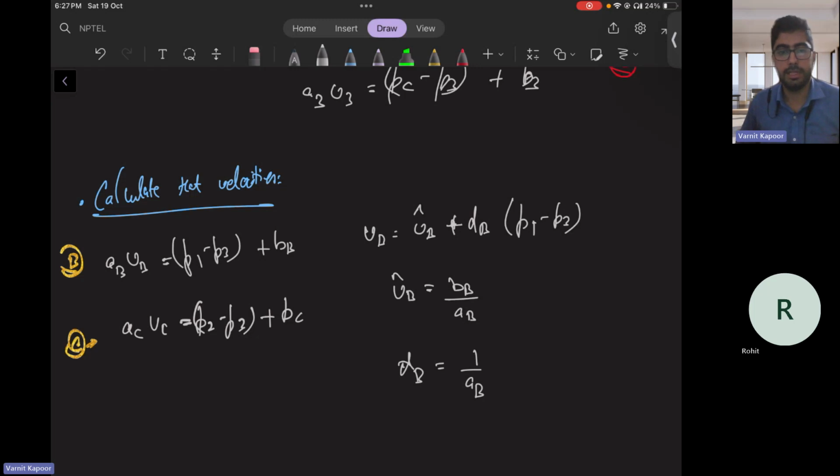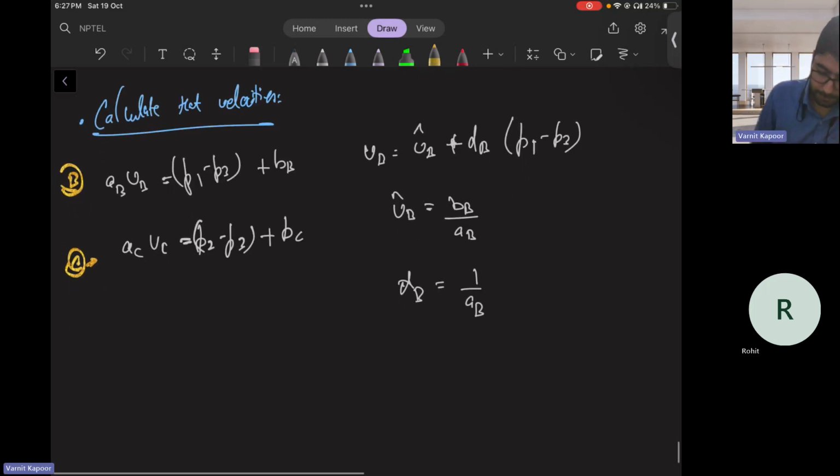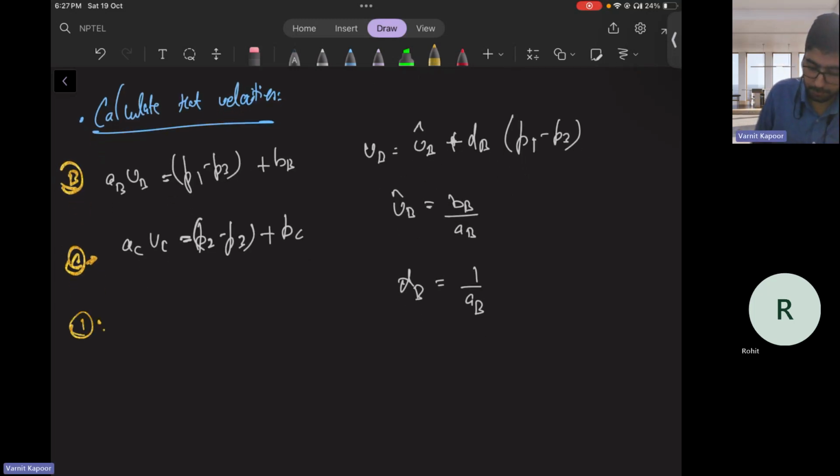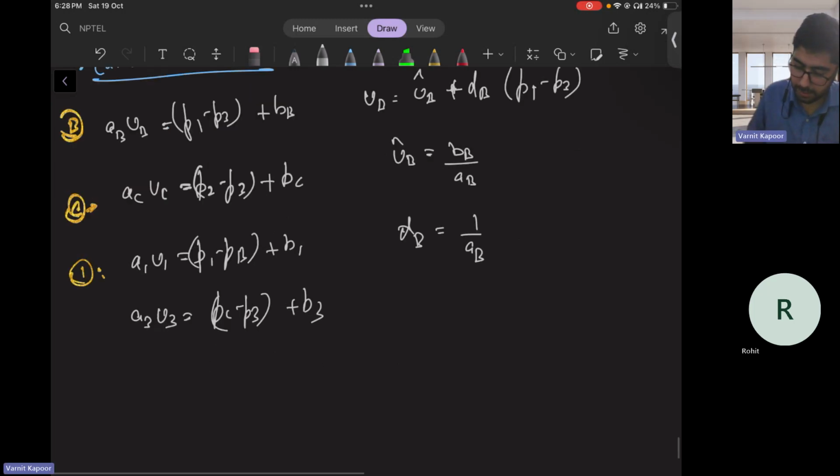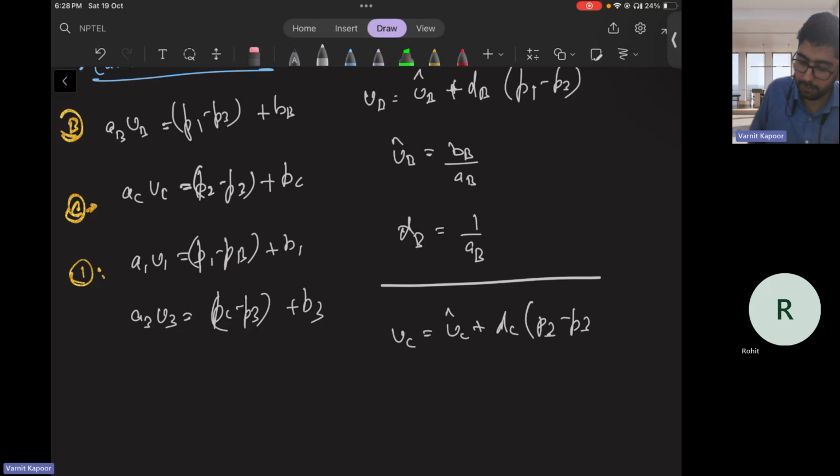So similarly, we had nodes 1 and 3 as well. For node 1, the equation was A1 U1 equal to P1 minus PB plus B1, and A3 U3 is equal to PC minus P3 plus B3. Similarly, you can write UC is equal to UC hat plus DC into P2 minus P3. We have just done all this above.